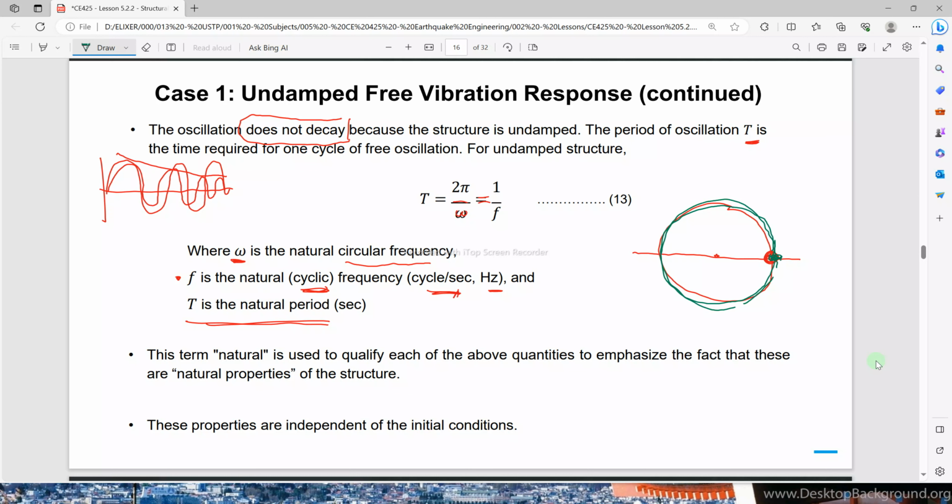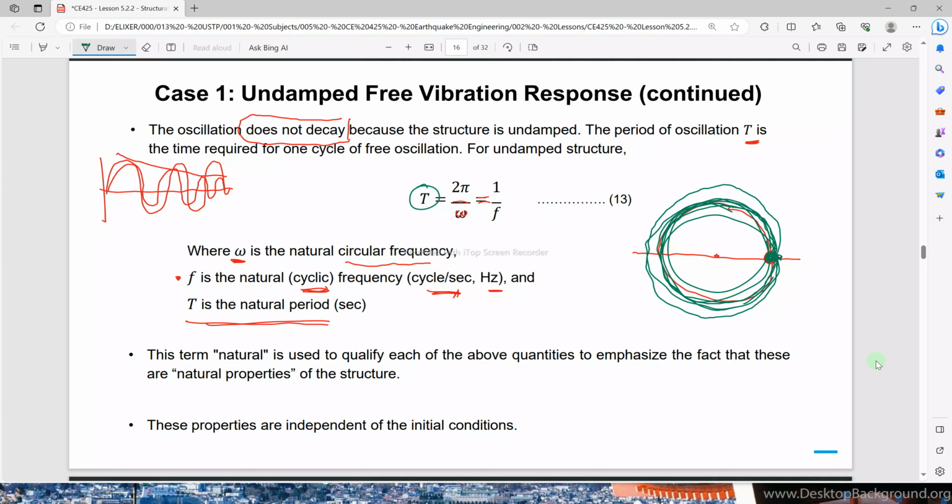The period is the time needed to complete that cycle. So, for instance, this material has a cycle of 1 second, or a cycle of 2 seconds, meaning it travels slowly and completes its cycle in that many seconds. This is the natural period in seconds. Or if it is faster, its period is 0.5 seconds, meaning it takes only 0.5 seconds to complete a cycle.